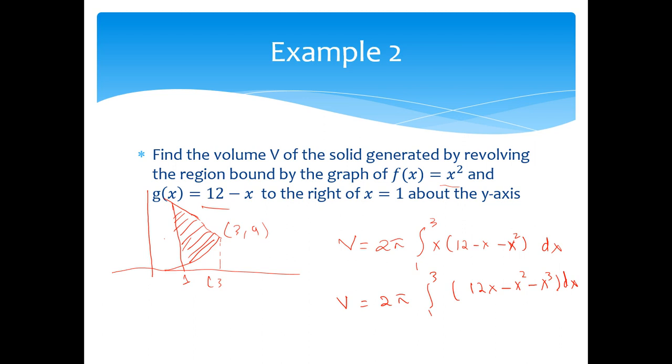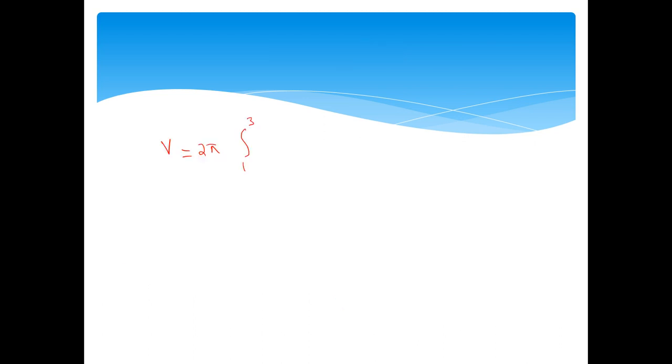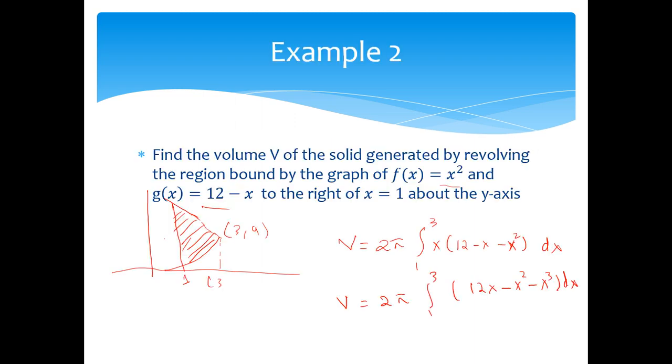And then when we take the volume, it is going to be equal to 2 pi times the integration from 1 to 3 of the function we have here, 12x minus x squared minus x cubed.